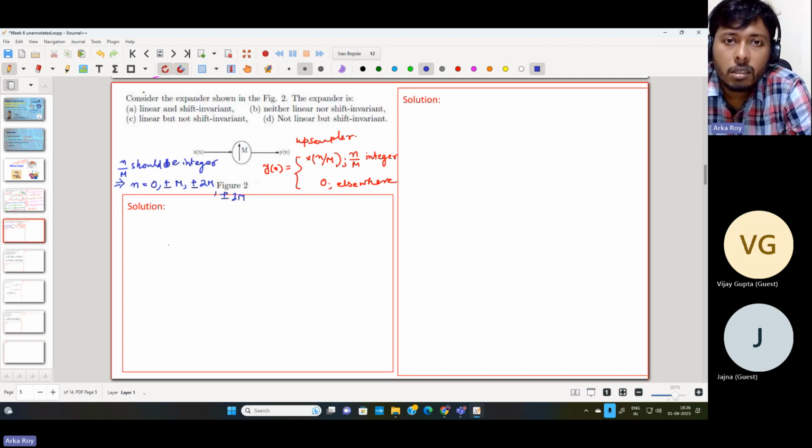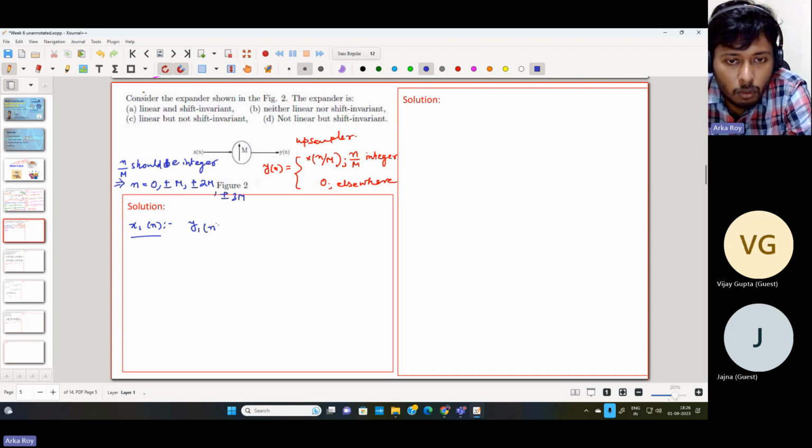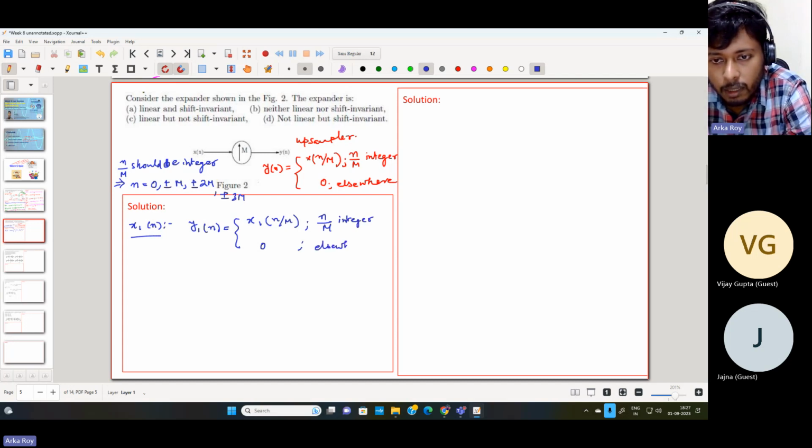Now, for checking whether the system is linear or not, we need to take two particular signals. Let us consider x1 of n. If I feed x1 of n into the system, I will get y1 of n, which is related as x1 of n upon m, and the conditions are just the same as the earlier one: n by m should be an integer and 0 elsewhere.